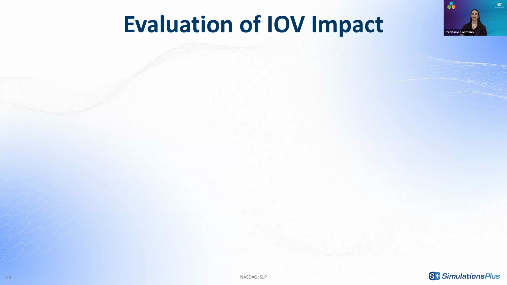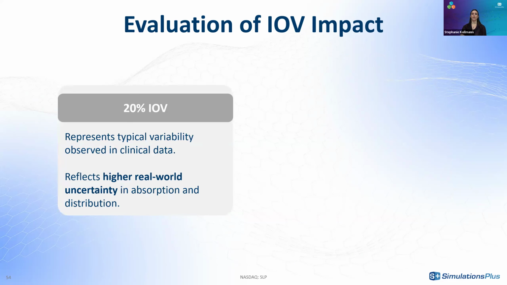To make sure our simulations give realistic predictions, we evaluated how different levels of IOV affect the study outcomes. The 20% IOV scenario represents what's typically observed in clinical data, capturing the higher uncertainty you'd expect under real-world conditions.